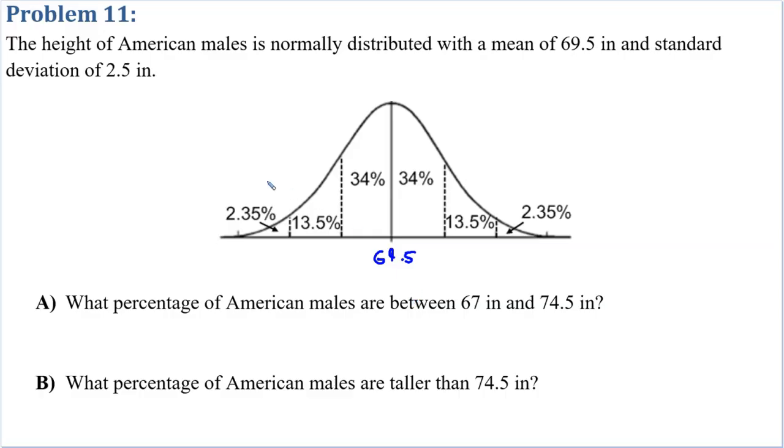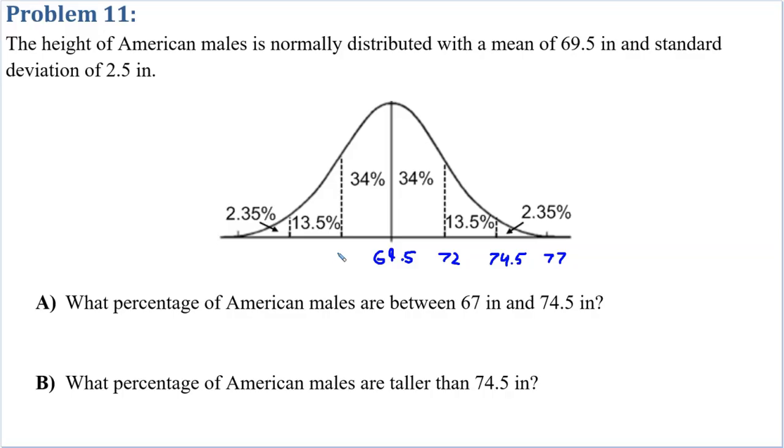And if the standard deviation is 2.5, we'll add 2.5 to that. So that would be a 72 for one standard deviation above the mean, and then a 74.5 for two standard deviations above. Adding 2.5 once again for 3, we'd end up with a 77 inches.